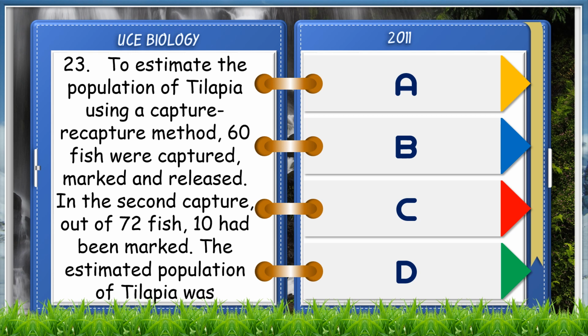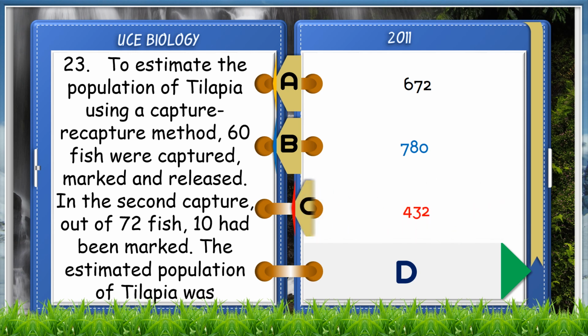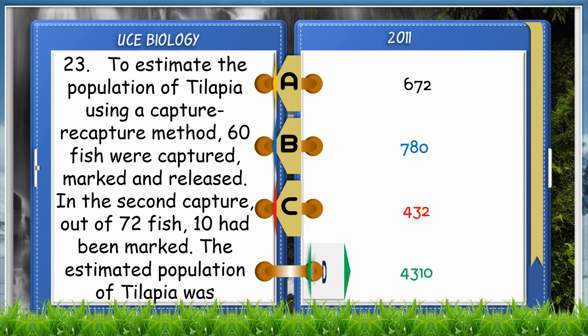The estimated population of tilapia was A. 672, B. 780, C. 432, D. 4,310. The answer is C. 432.